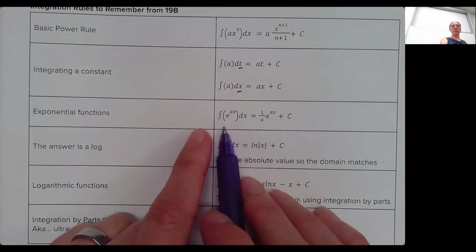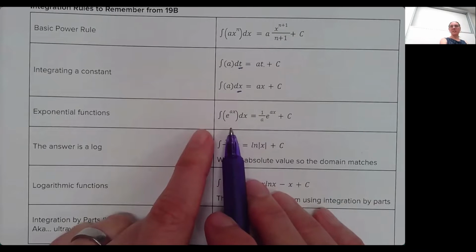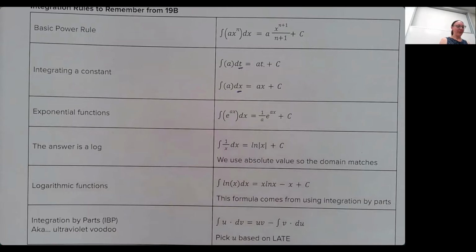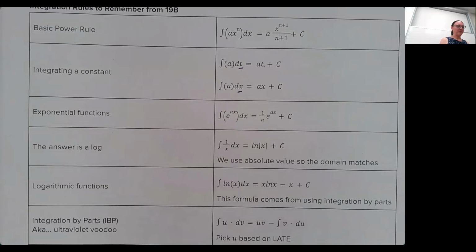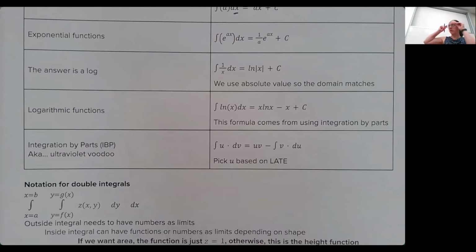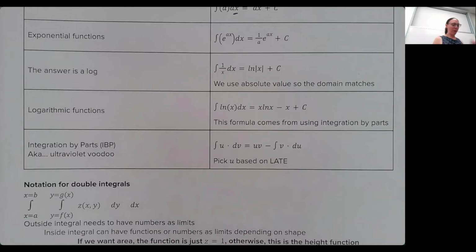This isn't really worth writing out a u sub for. We really just want to think about it with that rule with the constant already in there. Refreshing our memory about natural logs, and a little bit of integration by parts and u sub might pop up in here. But I really just want to get started with some double integrals.